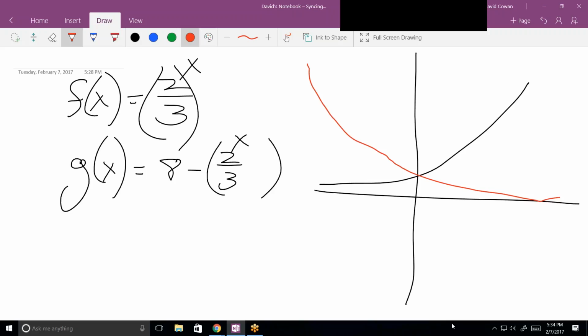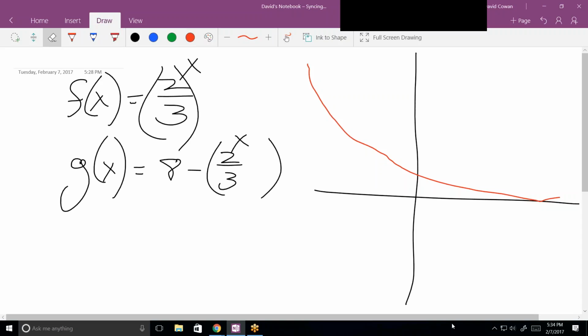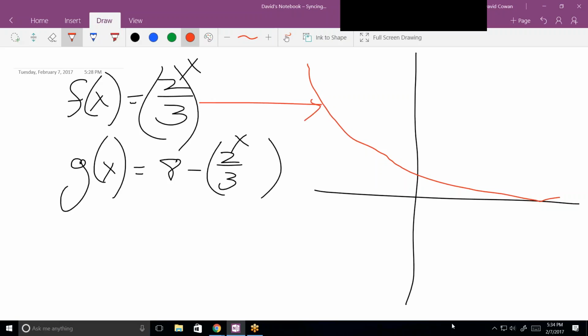You'll get either the black line if it's greater than 1 or the red line if it's less than 1. It's less than 1 here, so I'm going to erase the black line. What we're looking at is what this function would look like. In other words, that's that function.